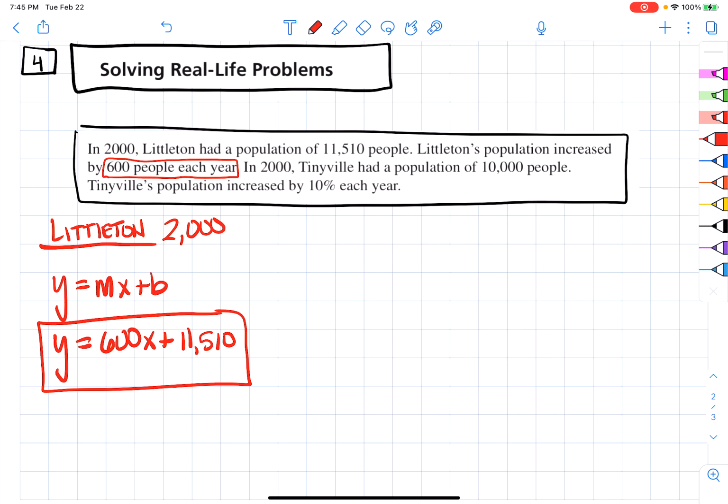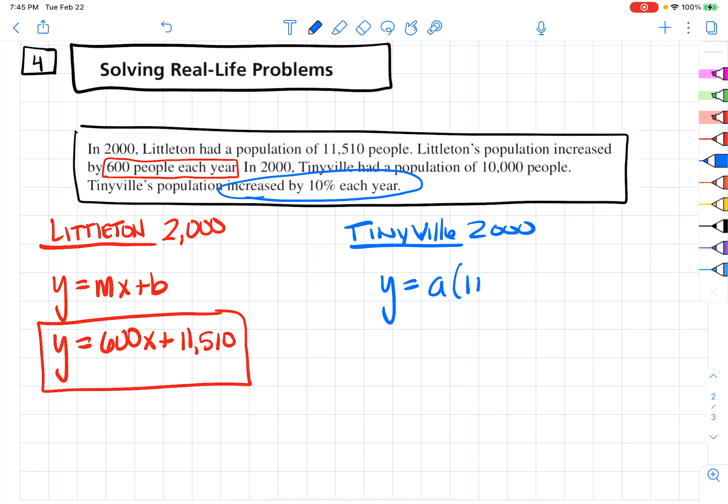It represents Littleton. Now let's talk about Tinyville. So Tinyville in 2000, again in the year 2000. The population was 10,000 and it increased by 10% each year. So it's increasing 10% over itself. So we can say this is going to be exponential. So a times 1 plus r raised to the t.